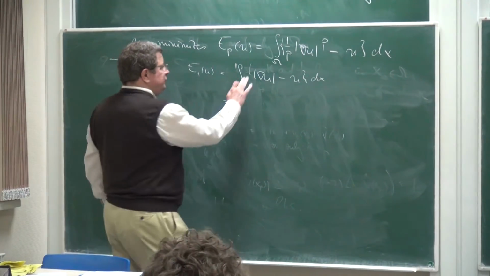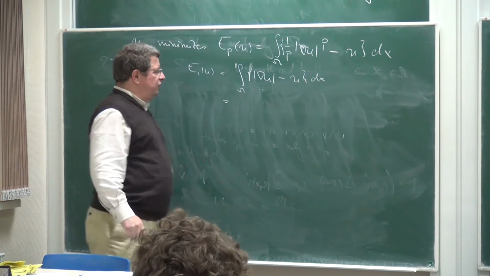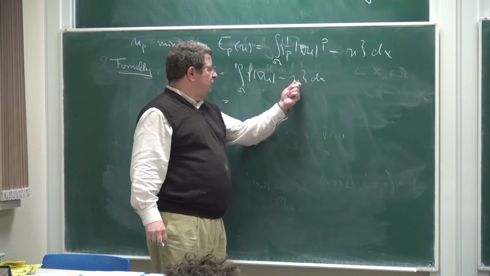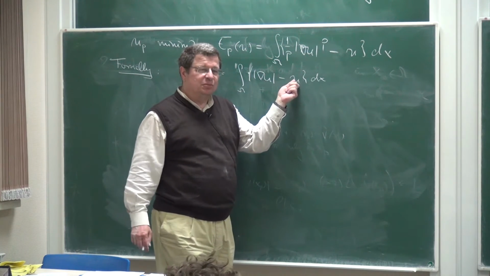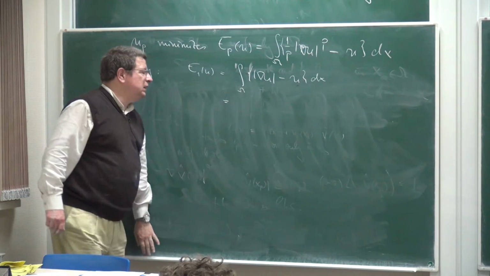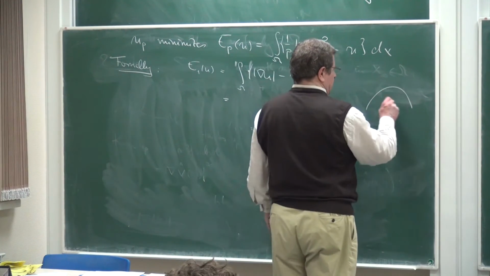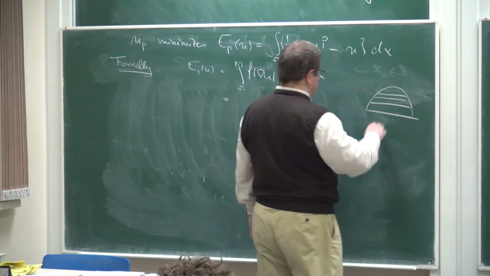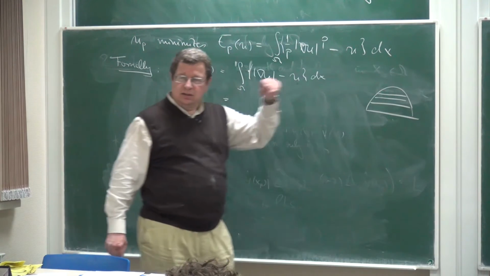And we already know that u will be positive because if it minimizes this integral, then replacing u by the modulus of u will make this smaller, so u will be non-negative. And this integral of u, we can think of it as a bunch of horizontal layers that are integrated with respect to height.